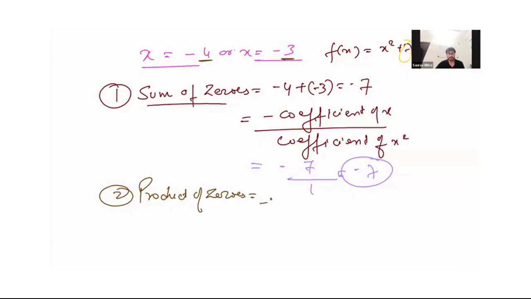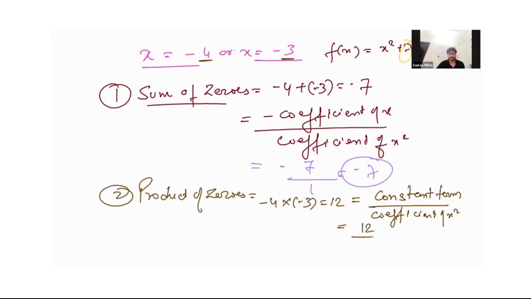So we will have 12 as the answer, but according to the coefficients, it will be written as constant term upon coefficient of x square. The constant term is 12. The coefficient of x square is 1, so your answer is 12. So this is the relation between the zeros and the coefficients. In this way we have to establish it.